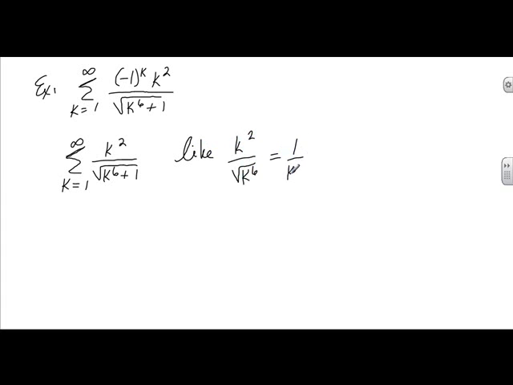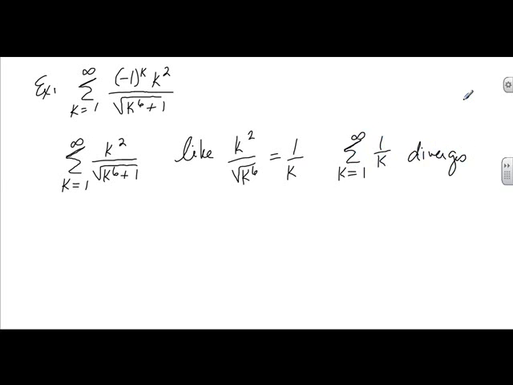And I know that the series, if k starts at 1 and goes to infinity, of 1 over k diverges. I know it diverges because it's the harmonic series, a non-alternating harmonic series, so that diverges.